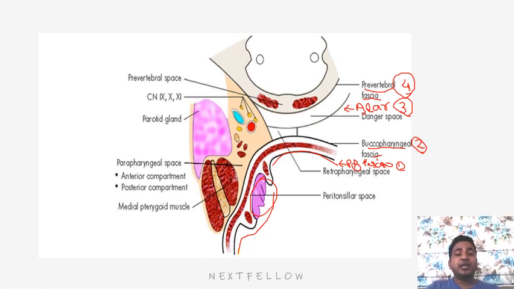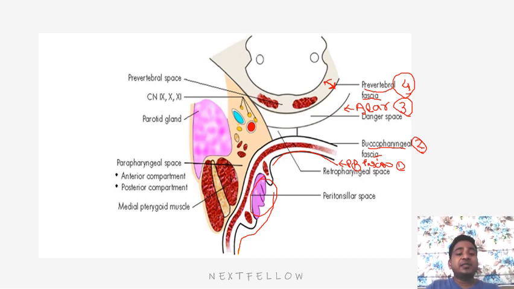What do you mean by prevertebral space? Prevertebral space is the space beneath the prevertebral fascia. I will demarcate this in red. That means the space between the prevertebral fascia and the vertebra is known as the prevertebral space.